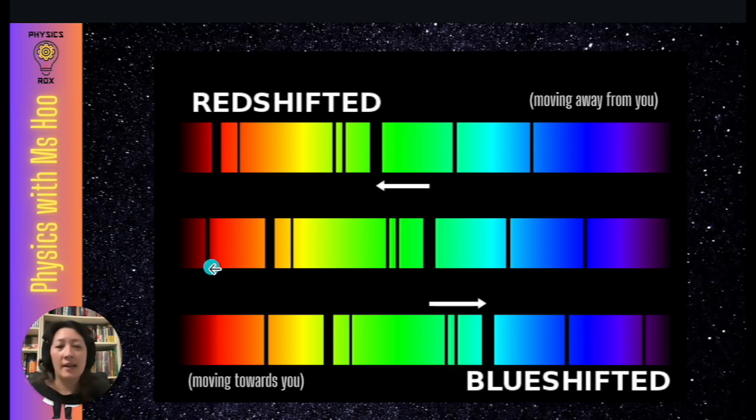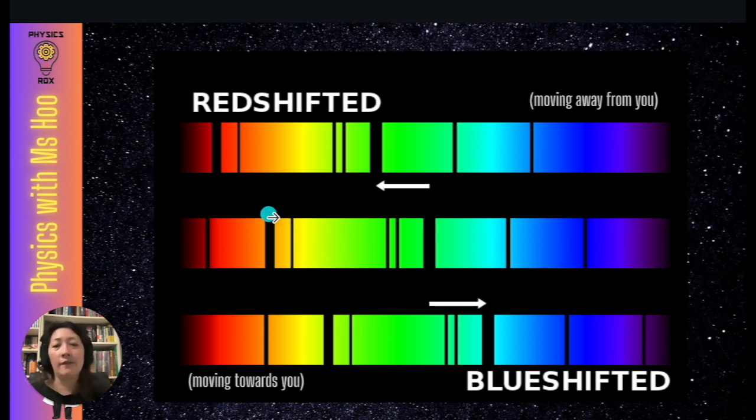That means that if the lines have shifted towards the blue end, the wavelength has decreased. Why we say blue shifted is because the lines are not actually blue in color. The lines have just shifted towards the blue end. And if you remember what we've just covered about the Doppler effect, a shorter wavelength means that it's moving towards us. So if the light has blue shifted, that means this light is moving towards us.